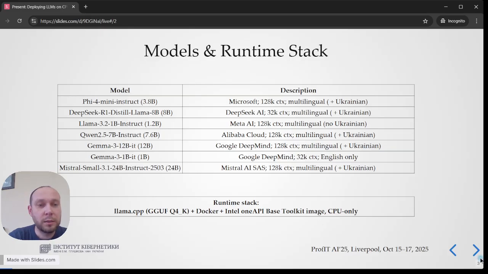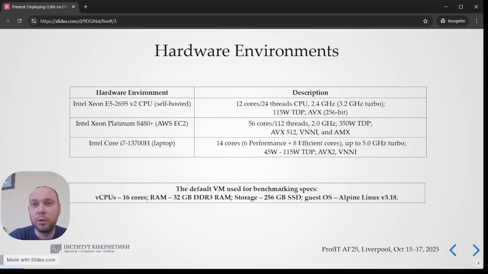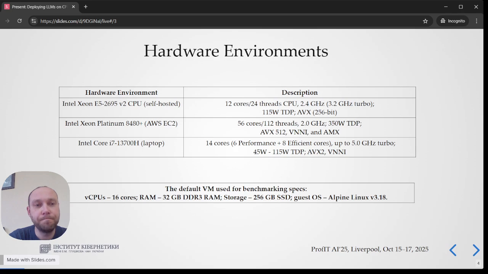So next up, we talk about hardware environments, and this study covered 3 representative CPU environments. First is a self-hosted Intel Xeon E5 processor. This represents the kind of legacy servers still common in universities or hospital data centers.